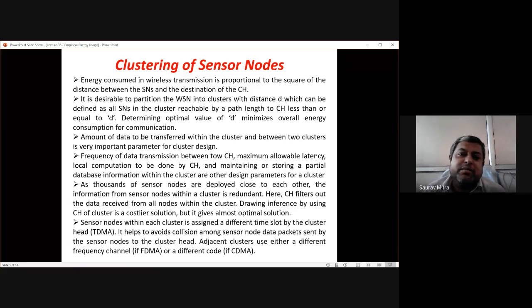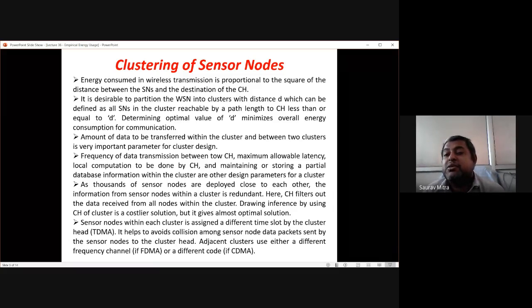So it is desirable to partition the wireless sensor network into clusters with distance d. What should be the criteria of defining clusters? The nodes and the cluster head should be such that the distance between all the nodes and the cluster head is at most d, where d is the one hop distance defined for every node within that network.